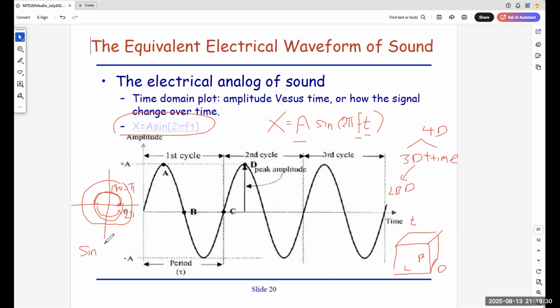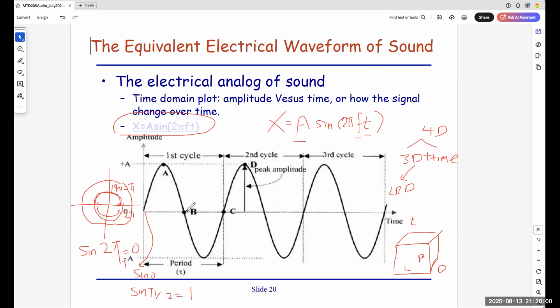Right now, if you have a calculator, even on an iPhone, you press sine 2 pi, it equals 0. This is just a story. You press sine 0, it gives you 0. If you press sine pi over 2, which is 90 degrees, which is this point here, it gives you 1.